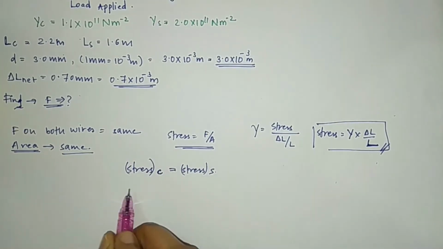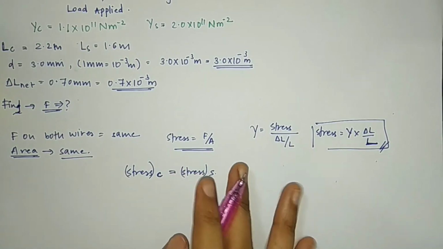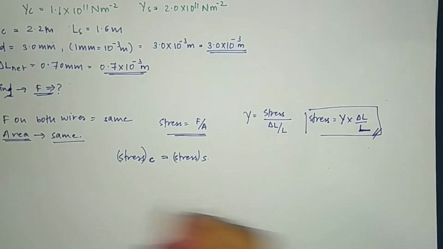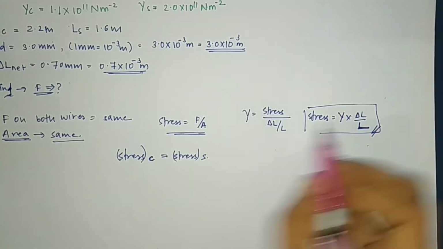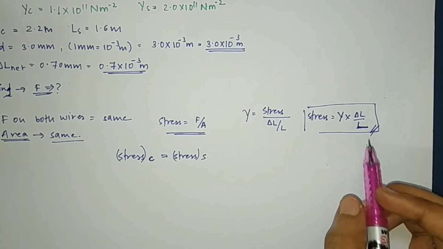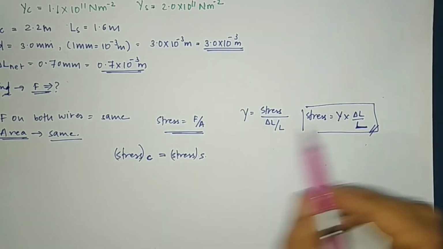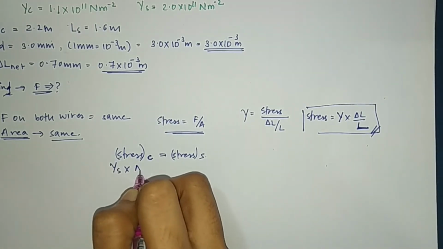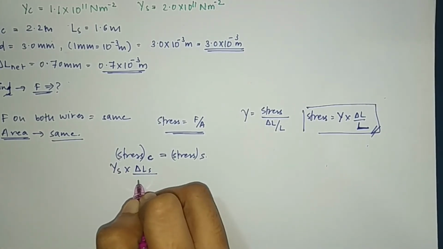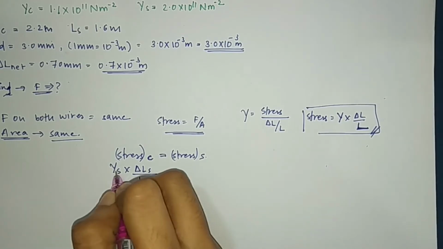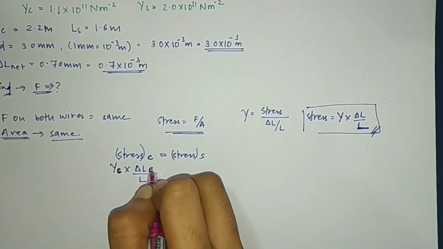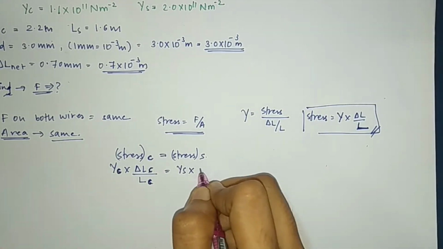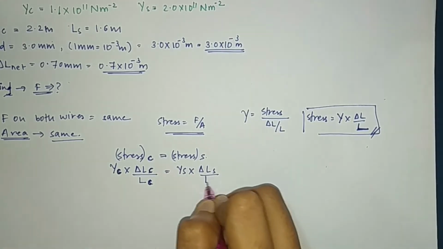So this formula, Y times delta L by L, will be same. For copper I'll use the subscript C, and for steel the subscript S. So Yc times delta Lc upon Lc is equal to Ys times delta Ls upon Ls.